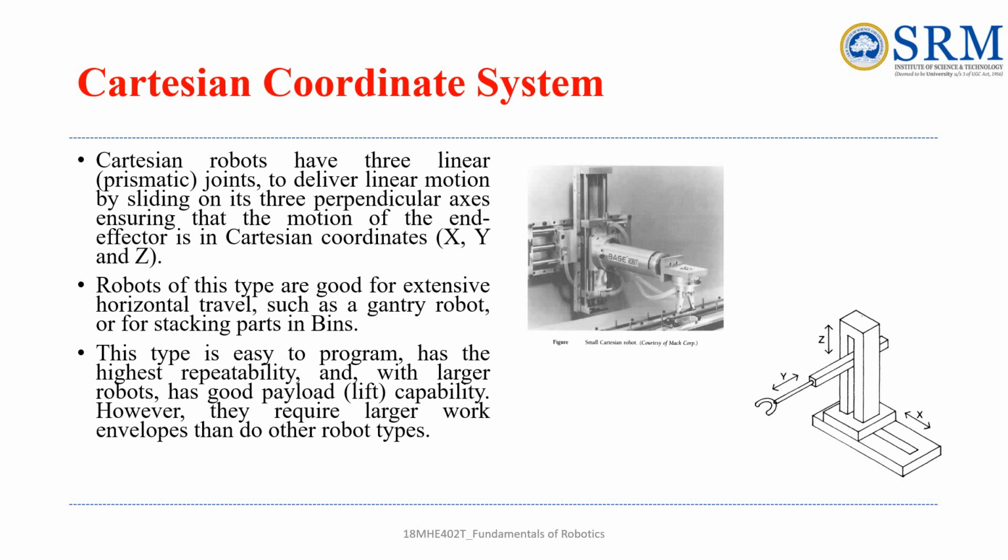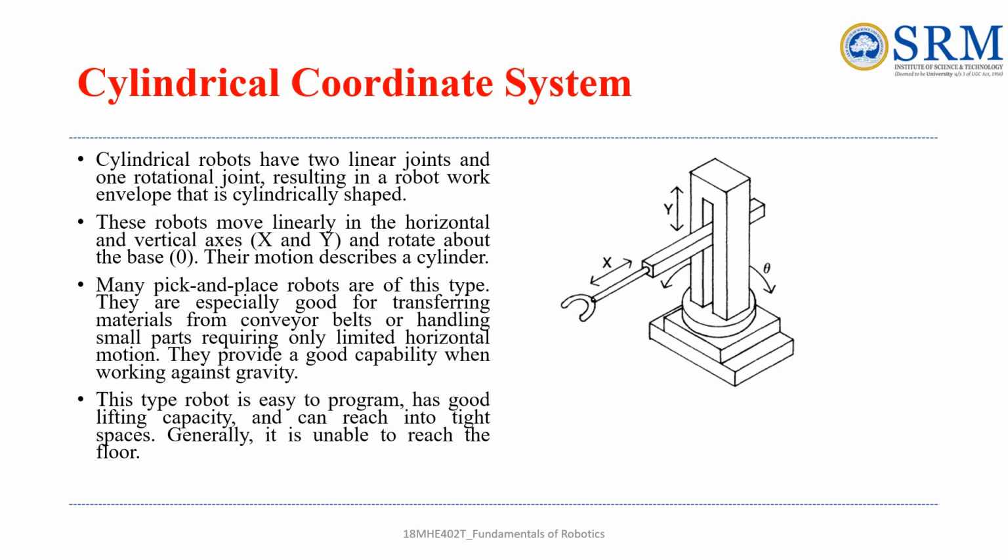Okay, next we'll move on to cylindrical robots. So they have two joints that move in a straight line, okay, that is horizontal and vertical, and one joint that allows them to rotate at the base. The range of motion looks like a cylinder. These robots are commonly used for tasks like picking up objects from conveyor belts or handling small parts that don't need a lot of side to side movement.